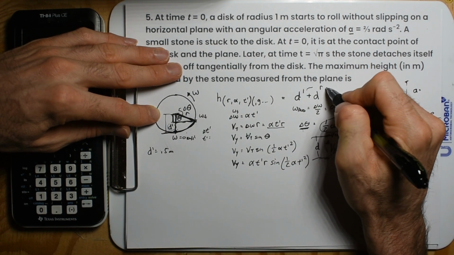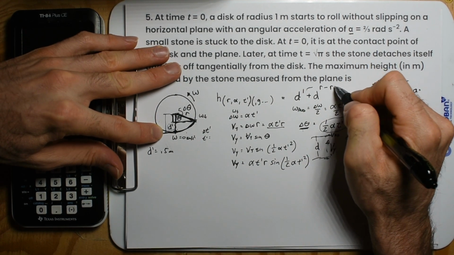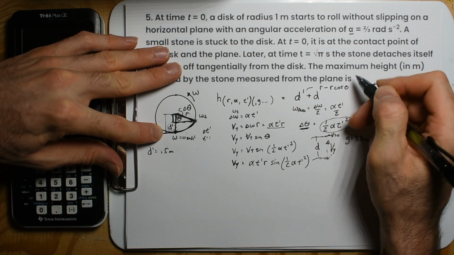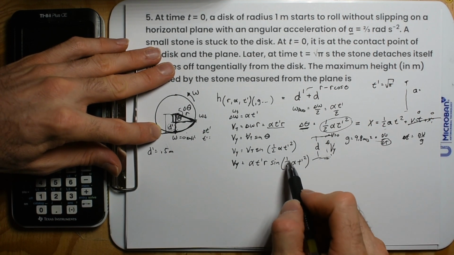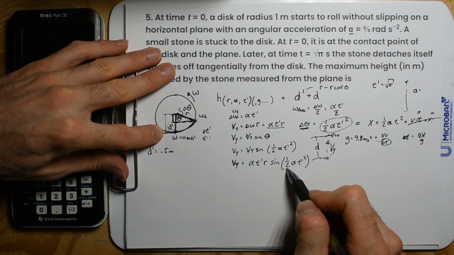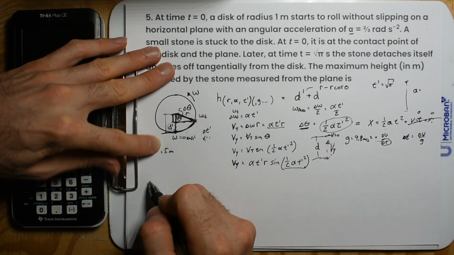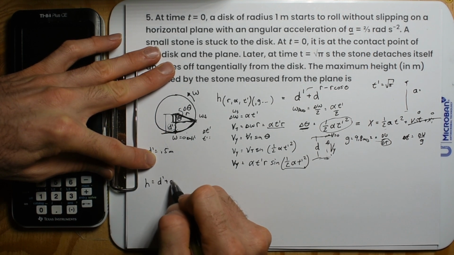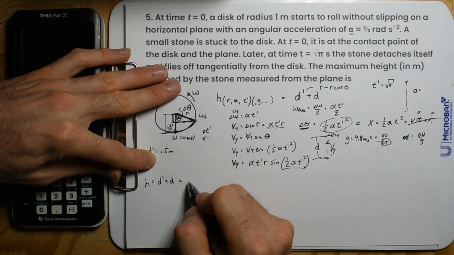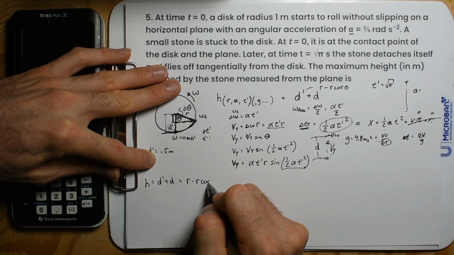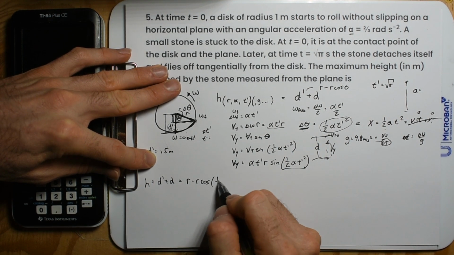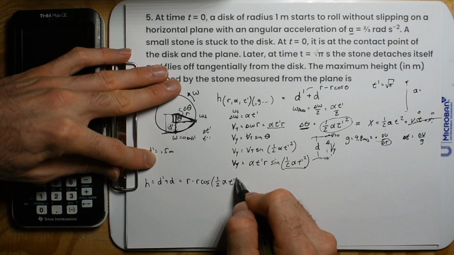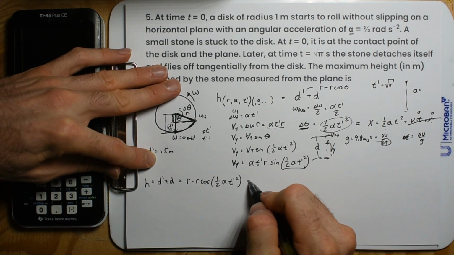This is r minus r cosine theta, where theta, again, is this. So we're going to have height equal to D prime plus D, and that's r minus r cosine of 1/2 alpha t prime squared, plus D.